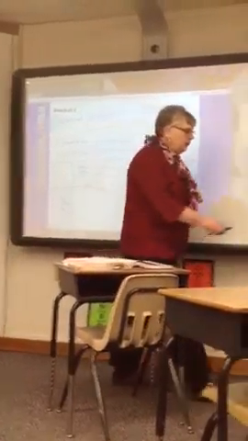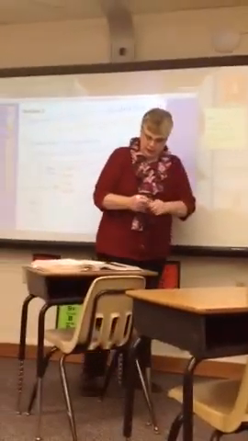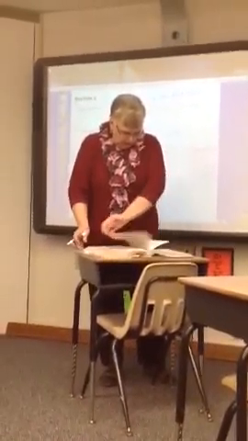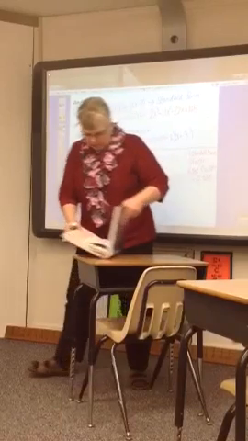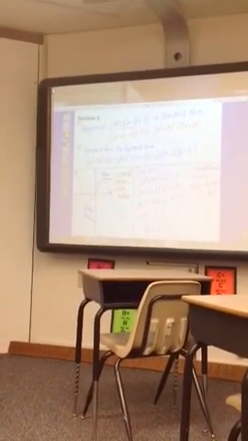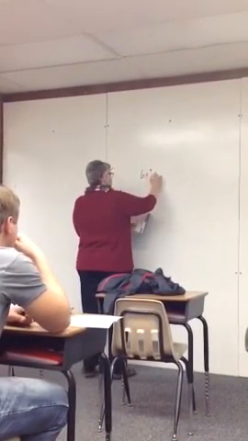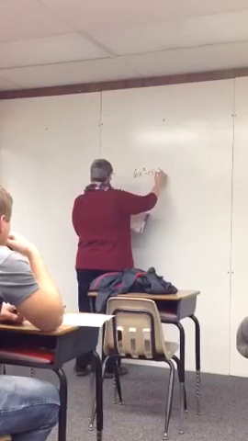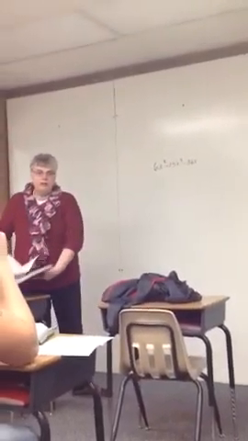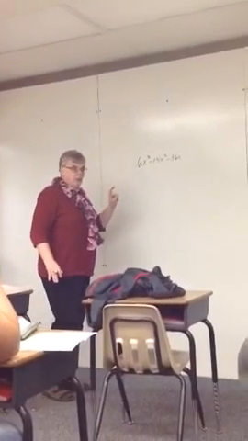Alright, but I want to move over to the boards, and I want to look at a different example. And I want to look at this one right here. Alright, so I want this in factored form.